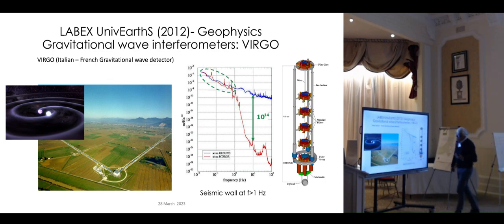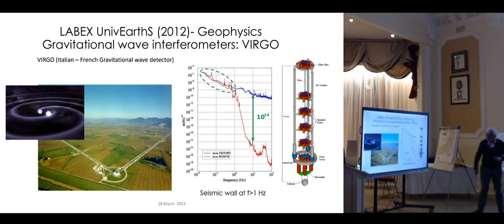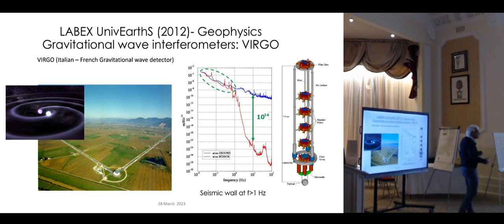And the basic idea was to use this interferometer as a seismic gradiometer, to use the different instruments installed on the arms to detect some components of the deformation tensor and eventually the rotation between the two arms.